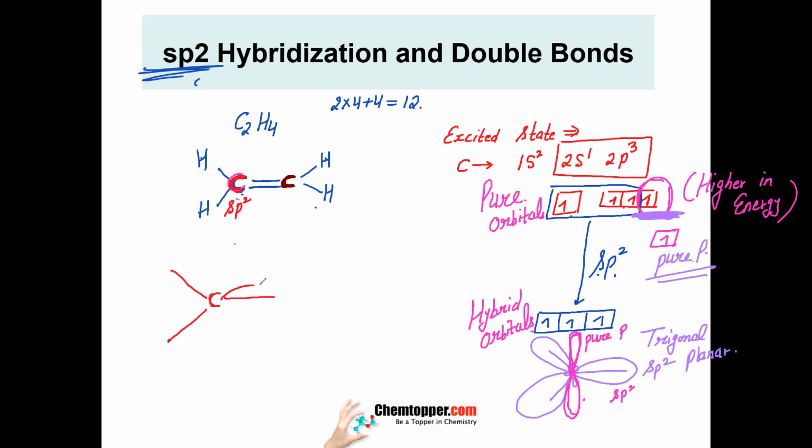This is one of the sp2 orbitals. This is another sp2 orbital. This is the third sp2 orbital. And it has one pure p orbital standing perpendicular like this. Electrons are present.